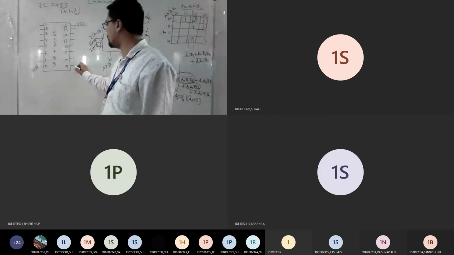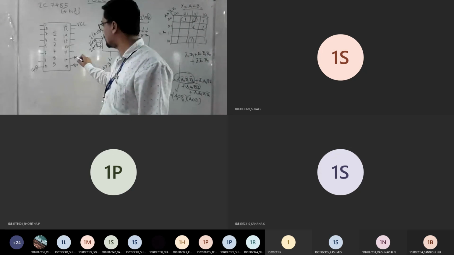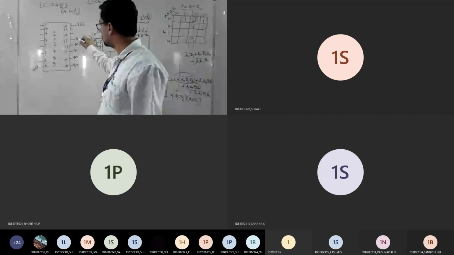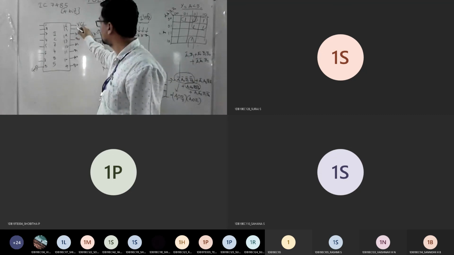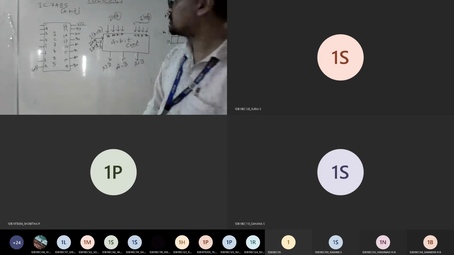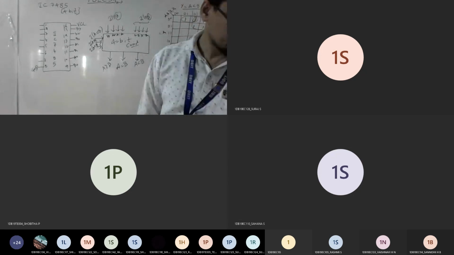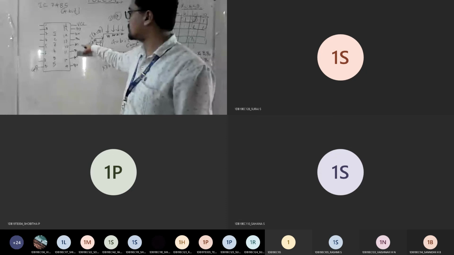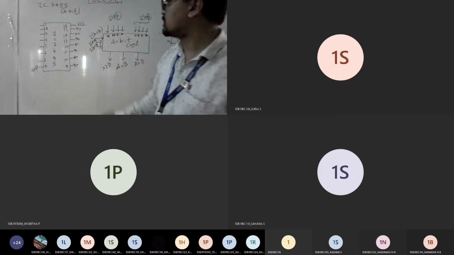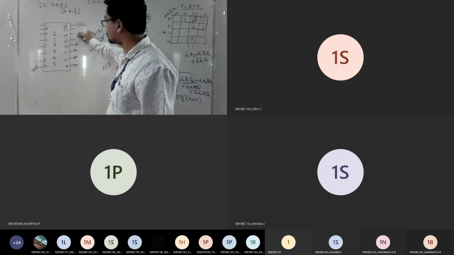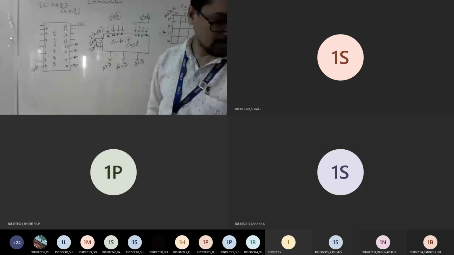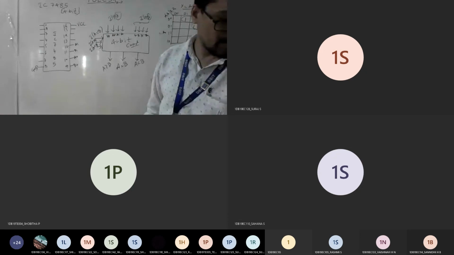Just mark it. So B0, A0, B1, A1, B2, A2, and B3 is here. A3 will be just one set. Yeah, just change here. Pin number 8 is B0, 10 is A0, B1, B0 correct.